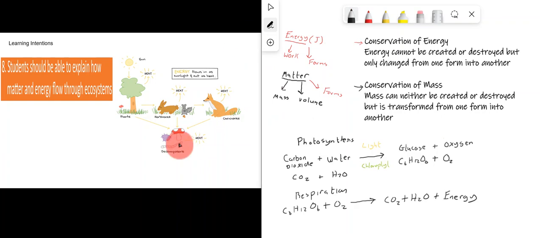I've just written it out here. Essentially, the light from the sun, along with the chlorophyll, the part that gives green plants their green color, is able to take in carbon dioxide from the air around it and water, for example, through its root system. It takes these two molecules and traps the energy from the sun, which comes in the form of light, in glucose molecules like this. Then it releases oxygen into the environment.